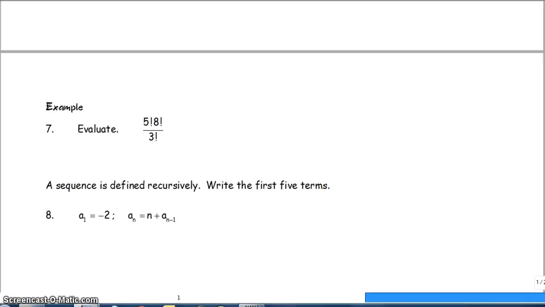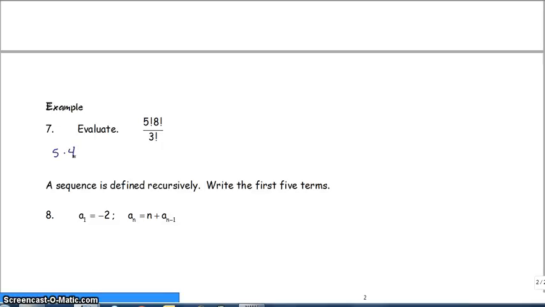And we're going to evaluate this using our calculator. But I'm going to start by saying that if I have 5 factorial over 3 factorial, that would be 5 times 4 times 3 times 2 times 1 over 3 times 2 times 1. Now these will cancel, and I'll be left with 5 times 4, or 20.